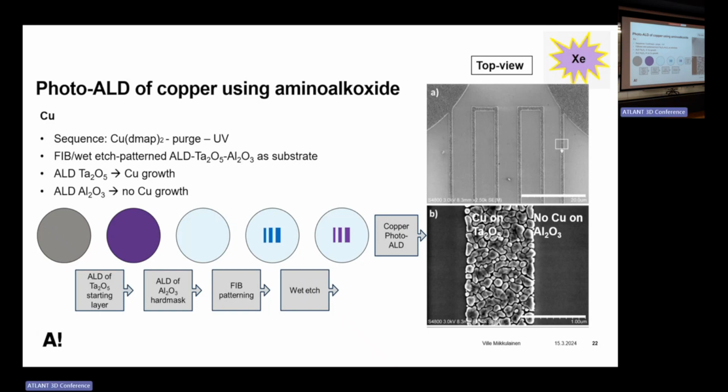So we get exposed tantalum oxide surrounded by aluminum oxide hard mask, and then we did a photo ALD experiment on that, and then we very cleanly and very selectively grow copper only on the tantalum oxide. So there are no masks involved, just inherently self-aligned growth.